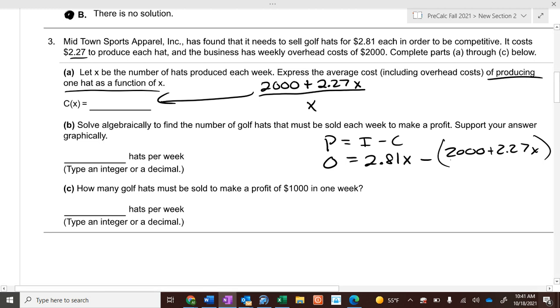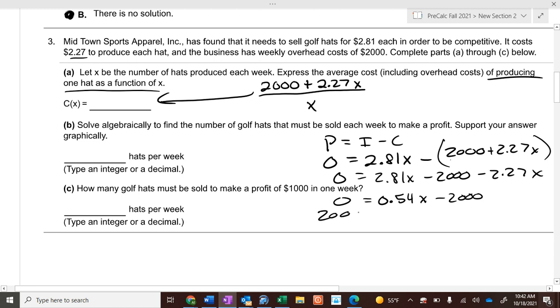How would we solve this? Well, 0 equals 2.81x minus 2,000. If we distribute the negative sign, minus 2.27x. What's 2.81 minus 2.27? How many cents is in between there? 54 cents. 0 equals 0.54x minus 2,000. If we move the 2,000 to the other side, 2,000 equals 0.54x and divide by 0.54.